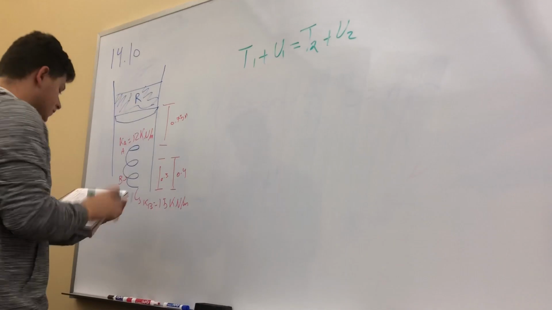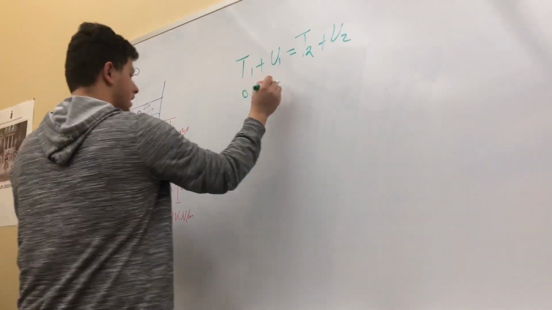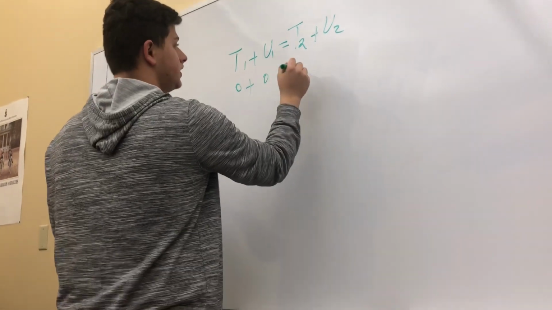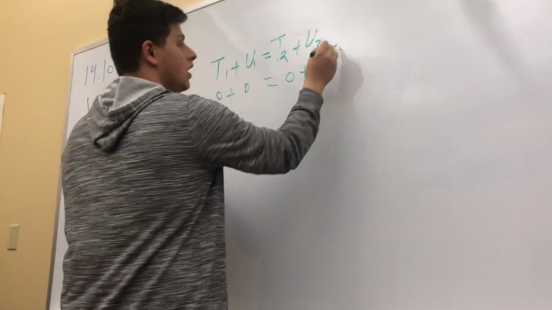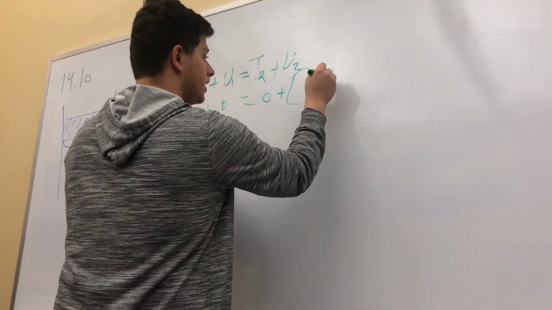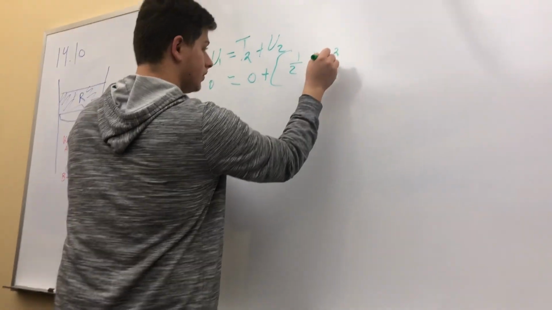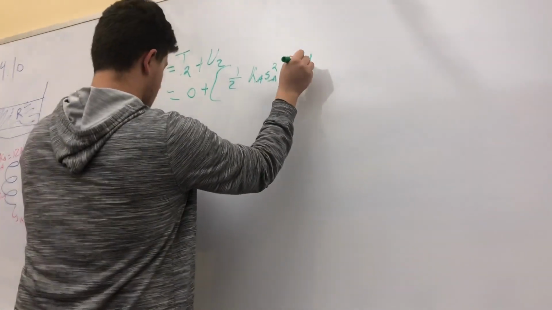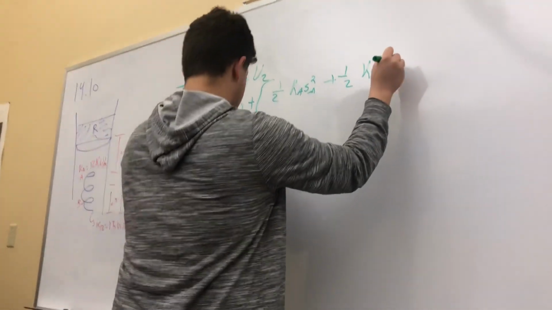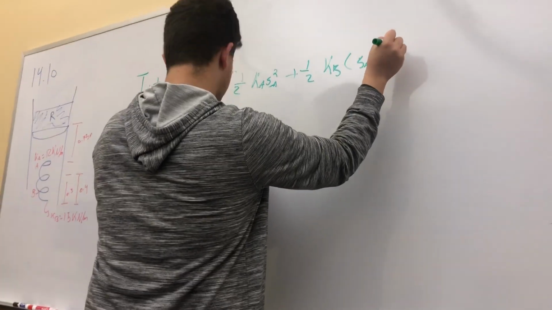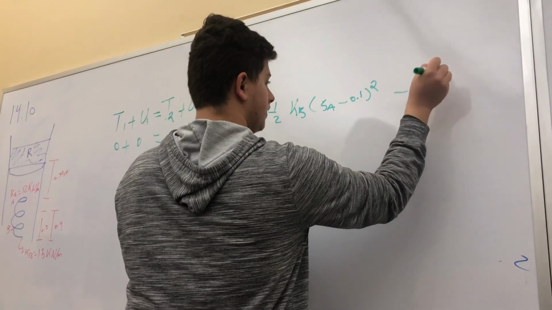To solve this problem, T1 is 0 plus V1 is 0, which is equal to T2, which is also 0, plus the V2, which is 1 over 2 K of A S_A squared plus 1 over 2 K_B, and then S_A minus 0.1 squared minus the weight times h.